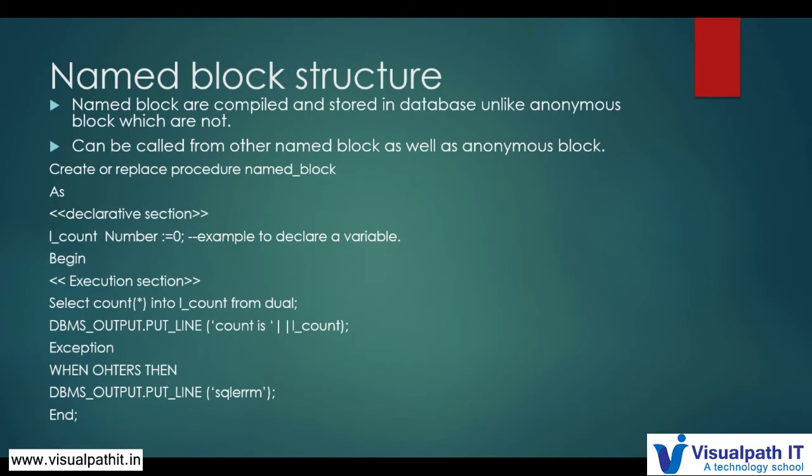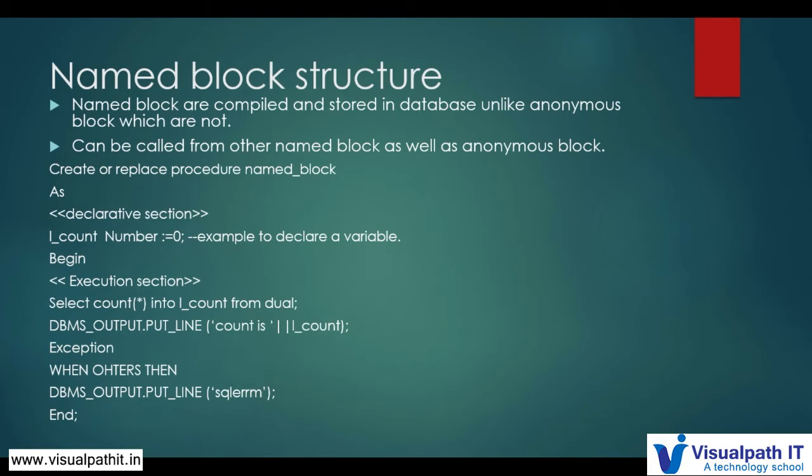So this is our named block, and named blocks can sometimes be called a procedure, sometimes a function, sometimes packages, sometimes triggers, depending upon what type of object you have used after create or replace. If you use create or replace package, it would create a stored package.